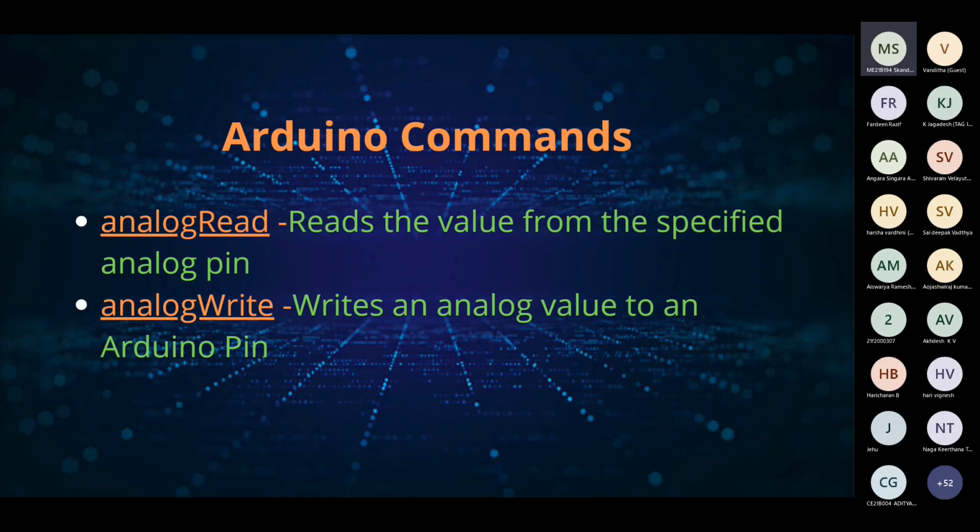Similarly, analogWrite is a function that writes an analog value to an Arduino pin. It functions in a similar way as digitalWrite, but now it's the analog pin and the value needs to be within a certain range, and it is not 0 and 1 anymore.